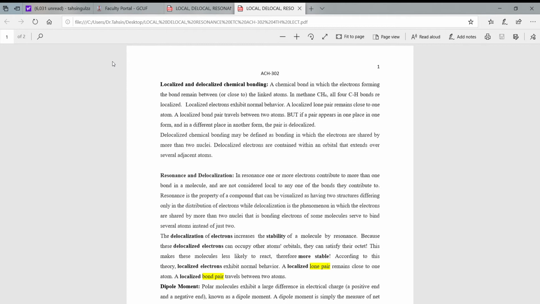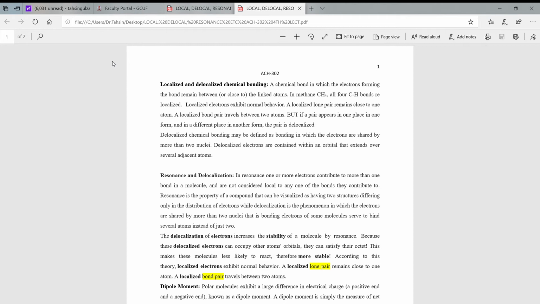And when you take an example of methyl chloride, there are again 4 bond pairs, but due to difference in electronegativity, methyl chloride is polar as compared to methane, because methane has also 4 bond pairs, methyl chloride has also 4 bond pairs, but there is a difference with respect to their dipole moment.